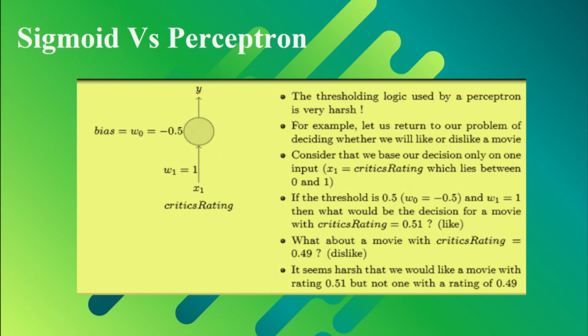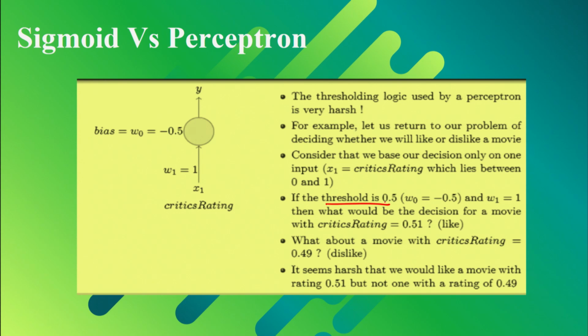Moving on to the actual case, let us see how a sigmoid function takes values around the threshold logic. In the real world, if we consider a threshold value of 0.5, how should a value of 0.49 or 0.51 be considered?